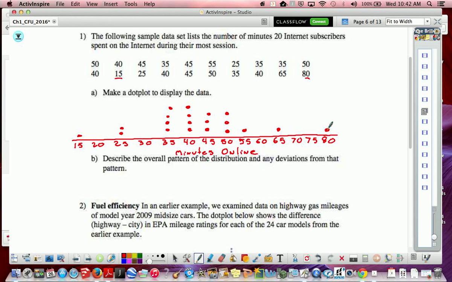So now we've got a picture of what our data looks like.